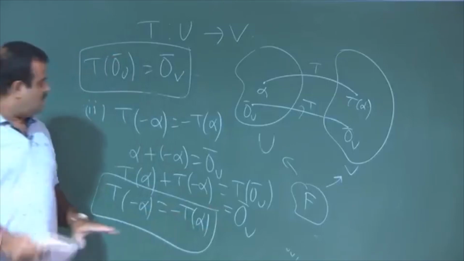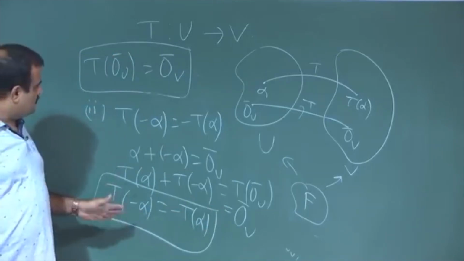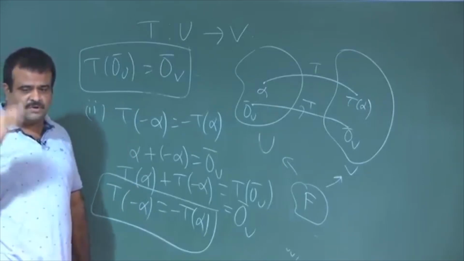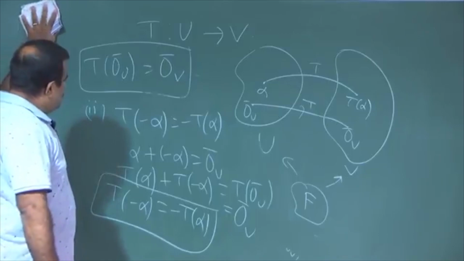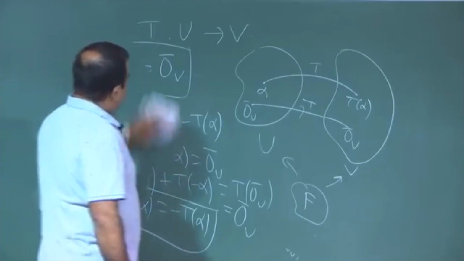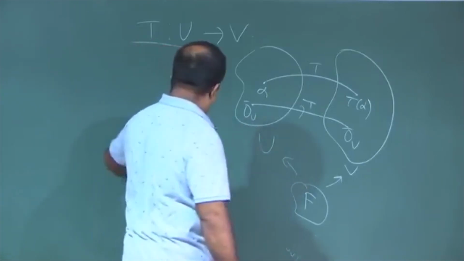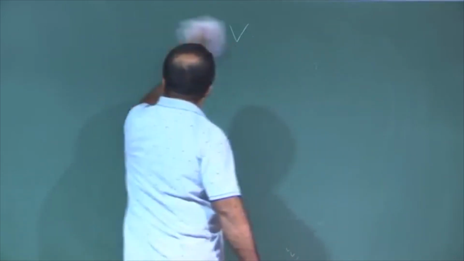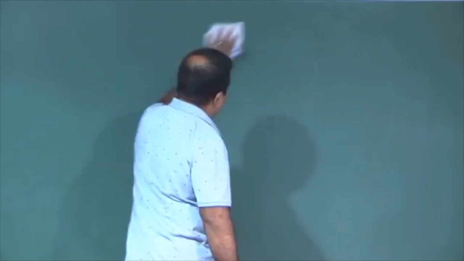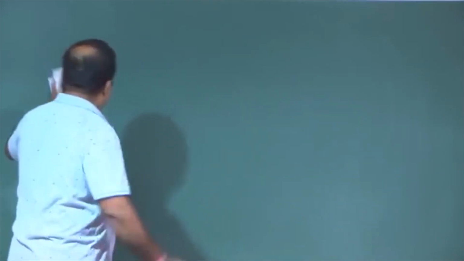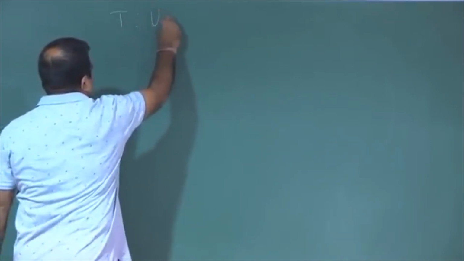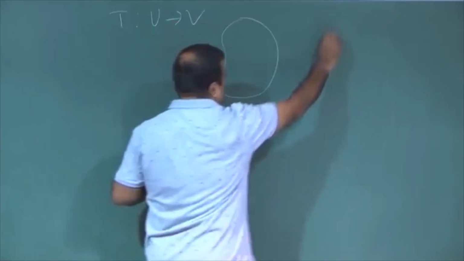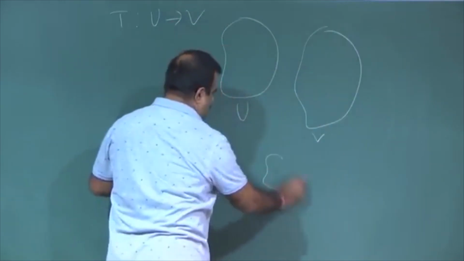So, these are the properties of a linear transformation from one vector space to another vector space. Okay. So, now we define the kernel of a linear transformation. Suppose we have a linear transformation T from U to V; we have two vector spaces U and V over the same field.